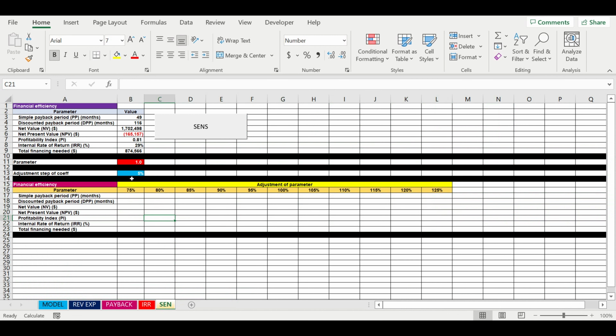For example, we would like to adjust the step of changing the parameter to 10%. Now we do the same. We just press the sense button and see how an increase or decrease of gasoline expenses affects the financial efficiency.